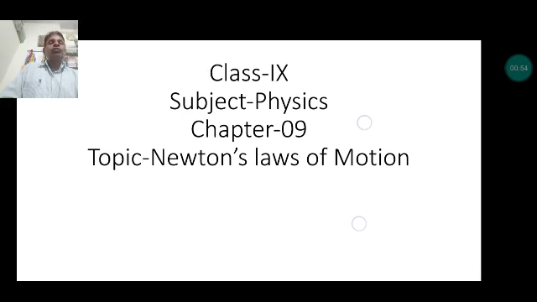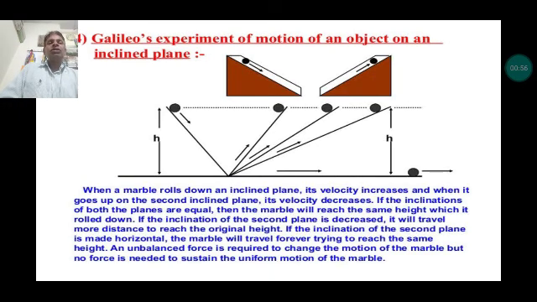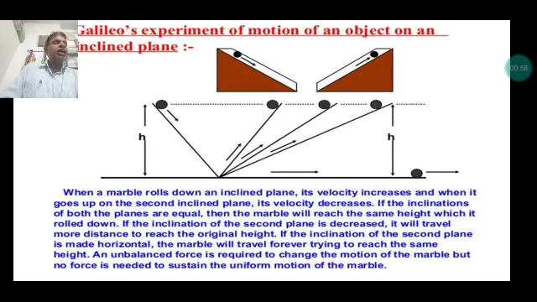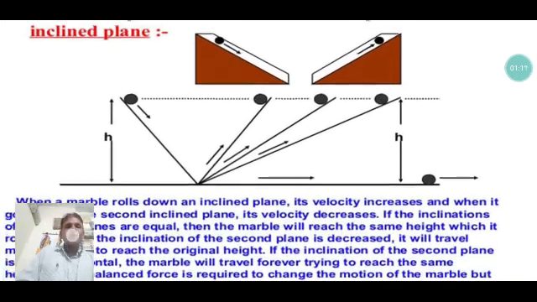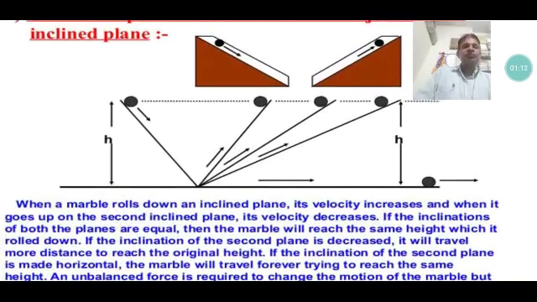So we first discuss what Galileo's inclined plane is. Galileo's observation of the motion of an object on an inclined plane is given in this slide. Look here, it is the experiment.